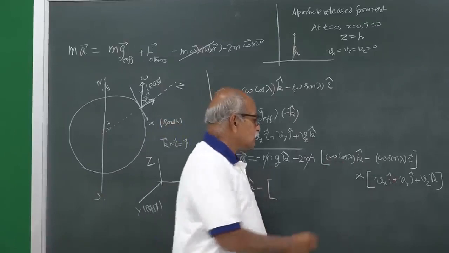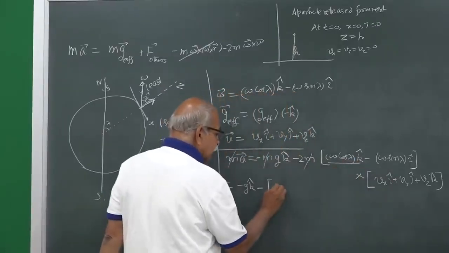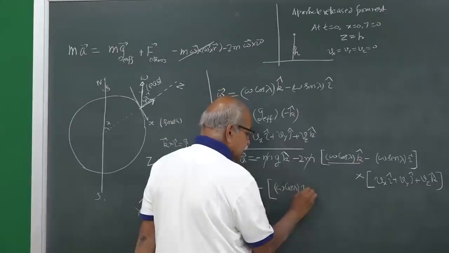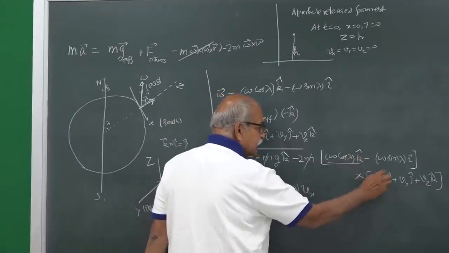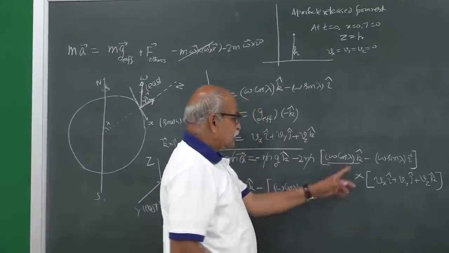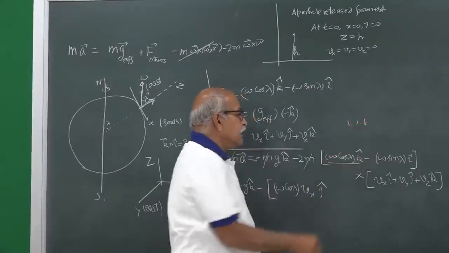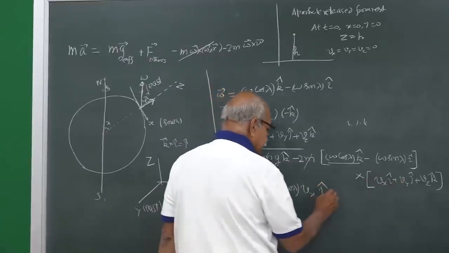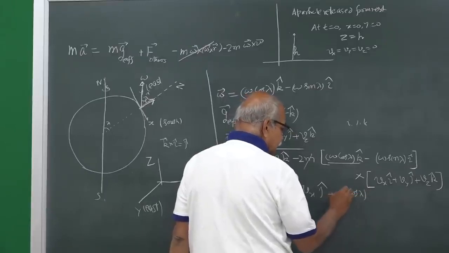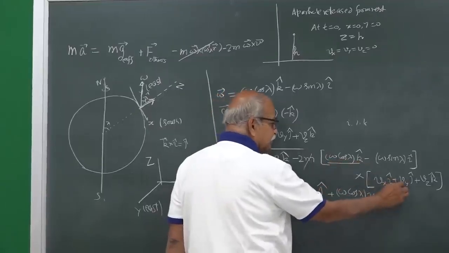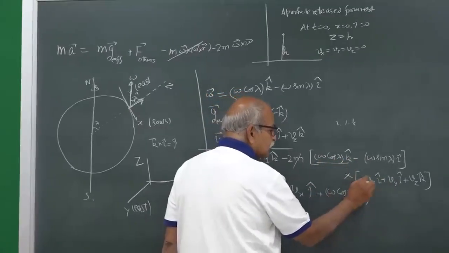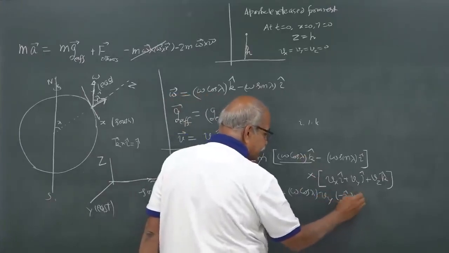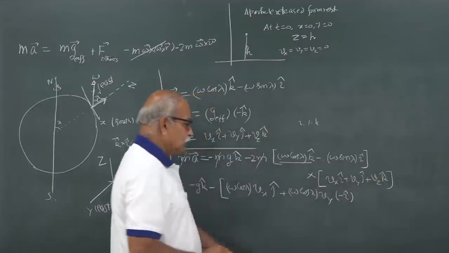Now, this cross this. Start from here: omega cos lambda k cap, and here it is Vx. So Vx, and k cap cross i cap is j cap. So this much j cap, since i, j, k: k cross i is j. Then this term, plus omega cos lambda into Vy, k cap cross j cap, which will be minus i cap. And k cap cross k cap is 0, so this is done.